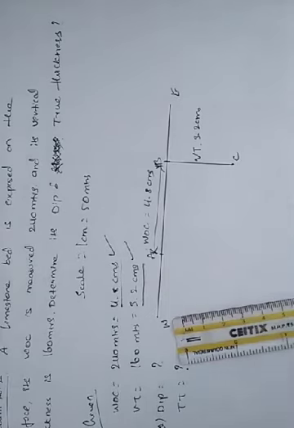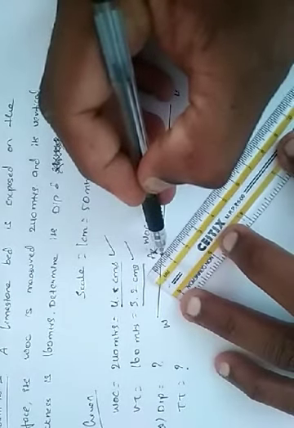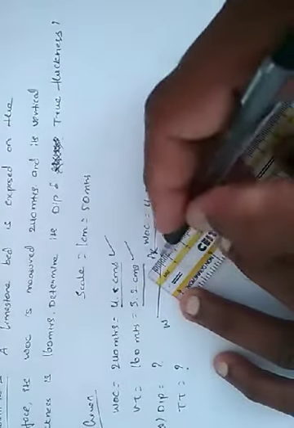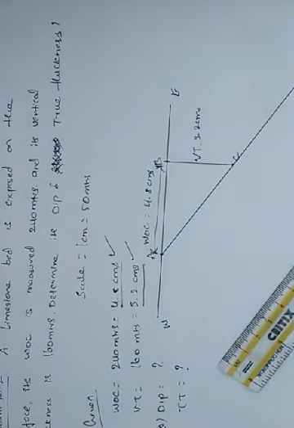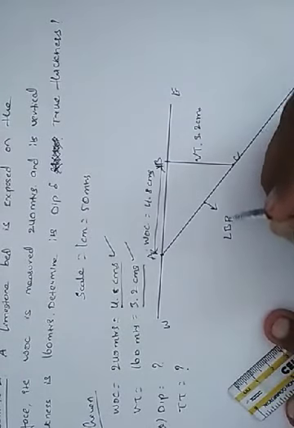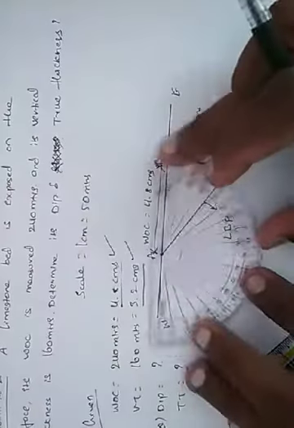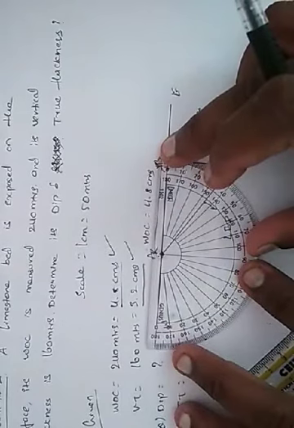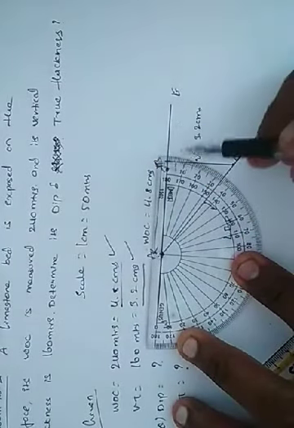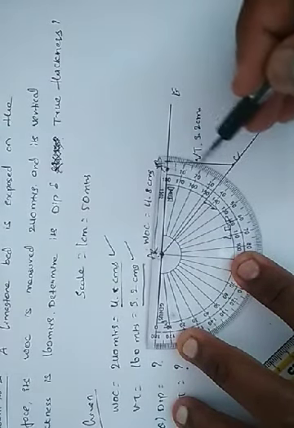For that we need to get the bedding planes to determine TT and dip. So what I will do is join the points A and C, so that I will get a bedding plane. This is our lower bedding plane. Now I will measure the dip using the protractor. I will place my protractor on the point A, so the 0 coincides with the surface line, and I will measure the amount of inclination, that is the dip.